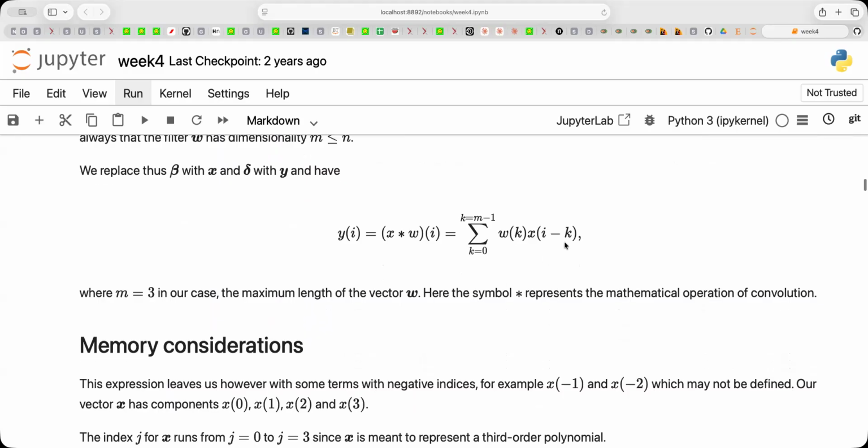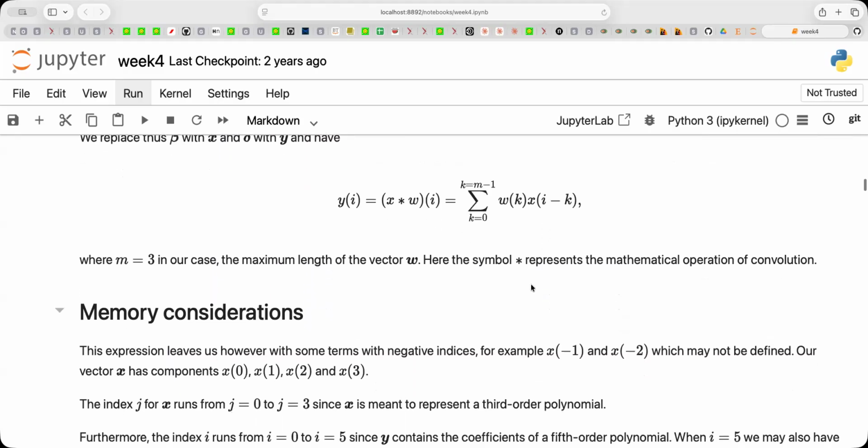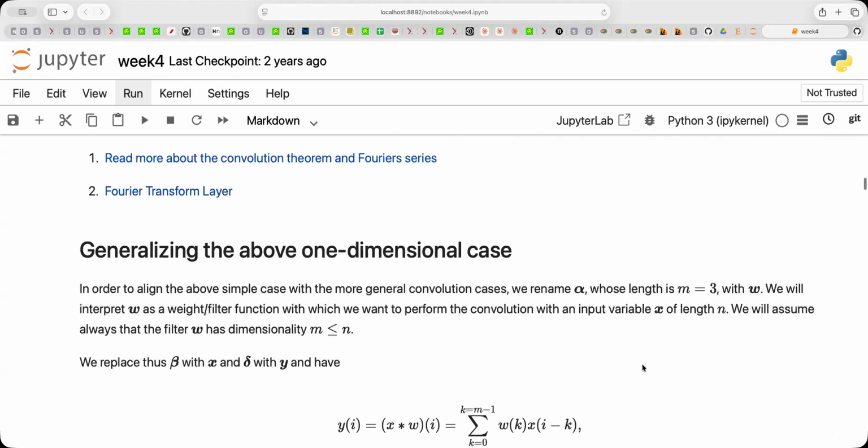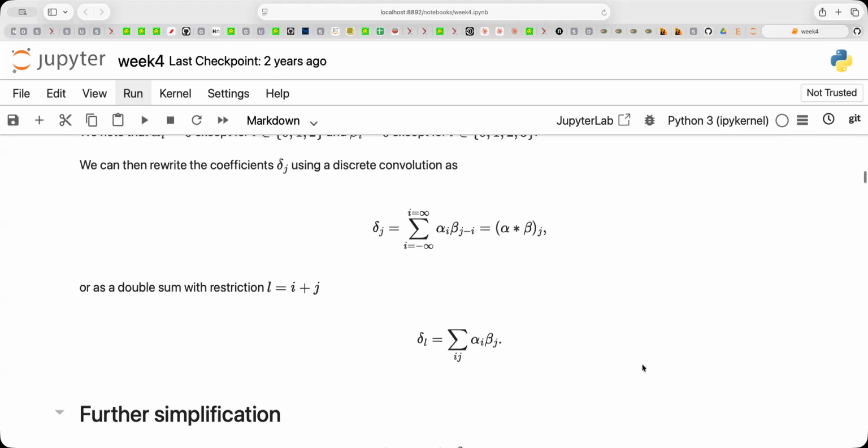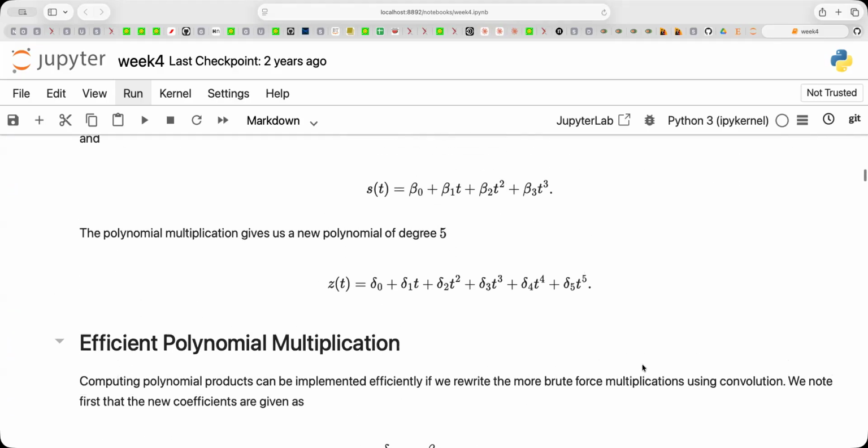The problem is that when you look at these elements, when I've set this up automatically, I may actually need a variable X for -1 and -2, and they are not defined. If I go back to the vector which I had here, let's go up a little bit.